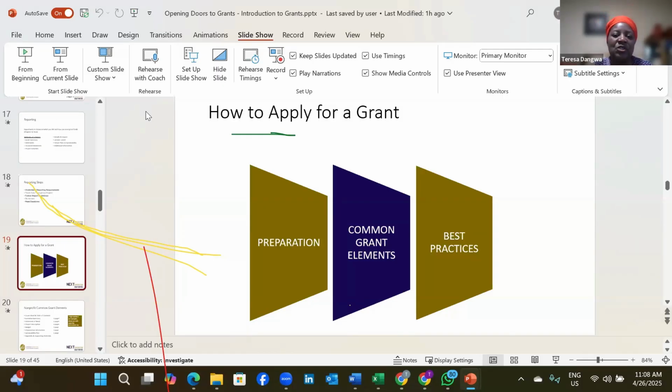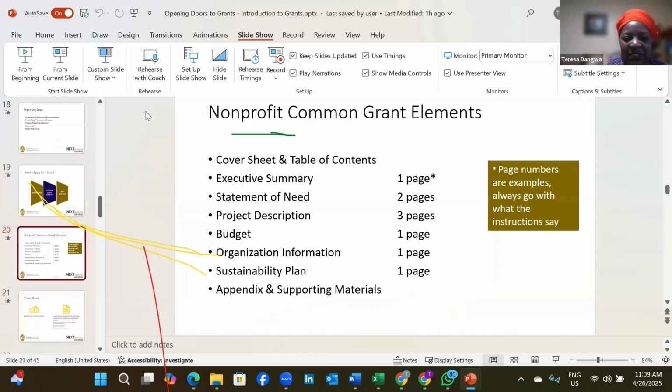And then I'm going to share some best practices on how to apply for grants. So what are these elements that we are talking about? The nonprofit common grant elements include a cover sheet and table of contents, and an executive summary, which is usually just 1 page. Page numbers are examples, but always go with what the instructions are saying.